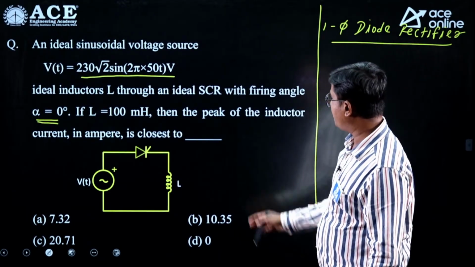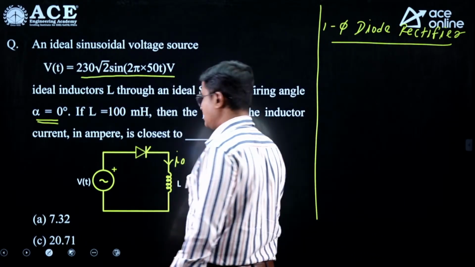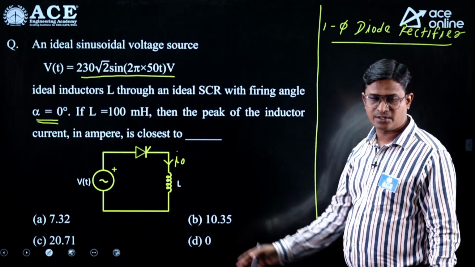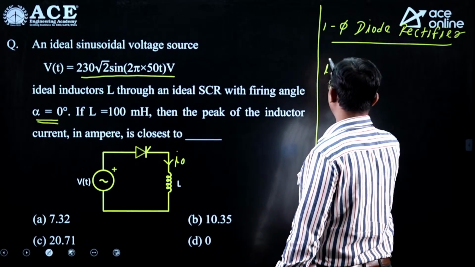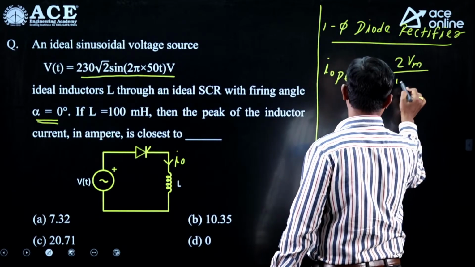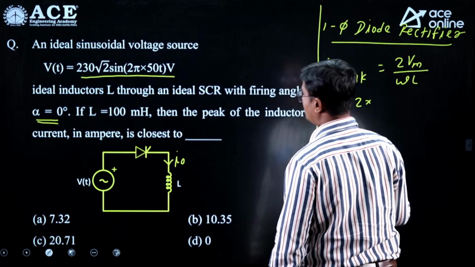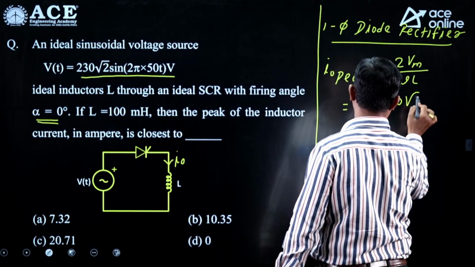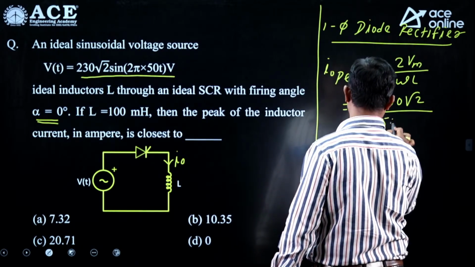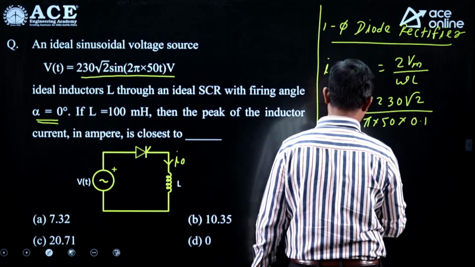Now here, the peak of the inductor current, that is the peak value of inductor current. Let me write that current as I0. So they are asking what is I0 peak. Recall single phase half wave diode rectifier with a purely inductive load. We have written the expression of I0 peak. Yes, 2 Vm upon omega L. So it is equal to 2 into Vm, that is 230 root 2, upon omega, that is 2 into pi into 50, into L. L is 100 millihenry. 100 milli means 0.1 henry, right?